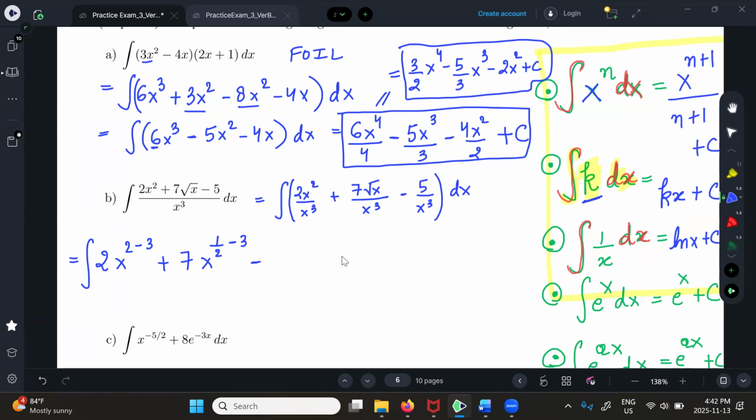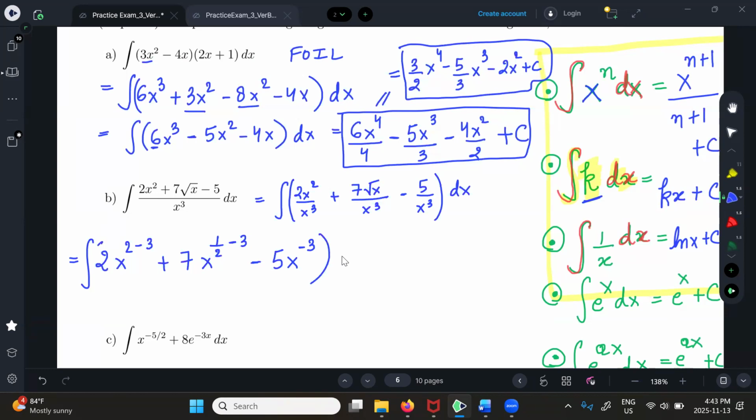The last term, there is no x in the top, but I can move the bottom one up by making it negative, right? That's a very common rule. We have done this in differentiation. If there is something in the denominator, you can move it up by making the power negative, right? It's basically 0 minus 3. So negative 3.